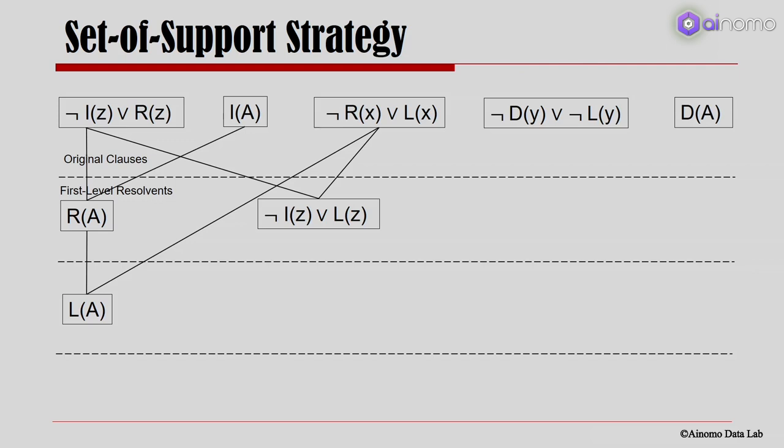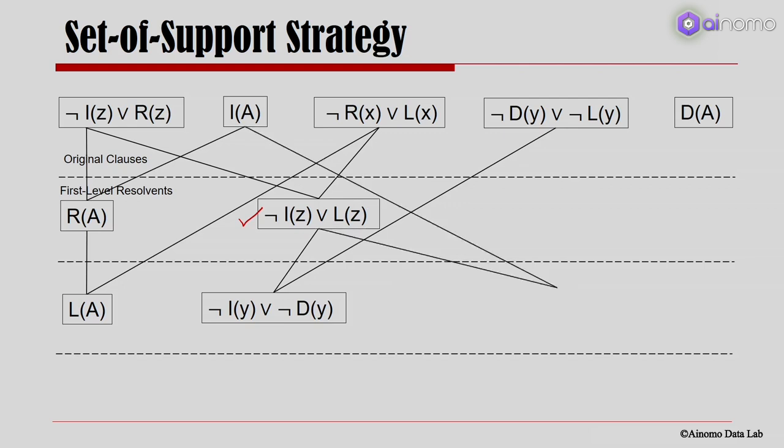So, I have an LA. Now, I resolve this descendant that has come from the goal well formed formula with a clause from the original clause set and have not of IY or not of DY, and then I could resolve this with the original clause set to have LA.